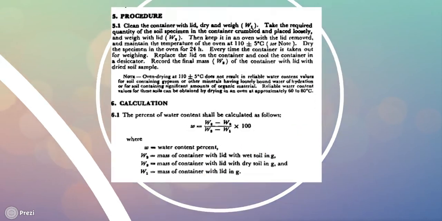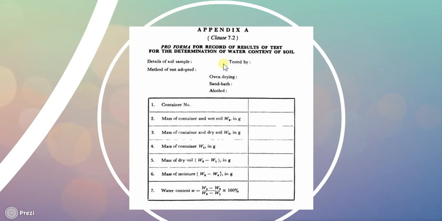Going further, the observation table, or we can say the pro forma for the record of results, should be like this. Details of soil sample, method of test, whether you are doing oven drying or sand bath or alcohol method. Tested by, the name of tester, details in container number. If you are using more than one container, the container number, mass of container and wet soil, which is W2.